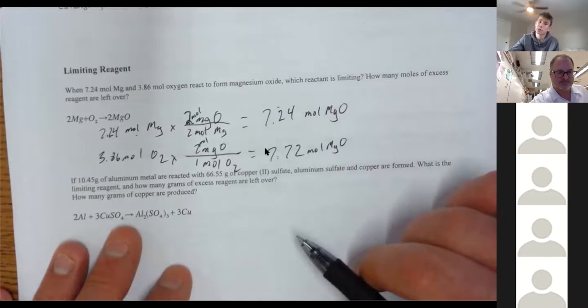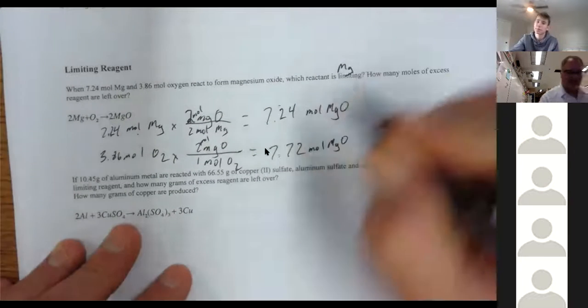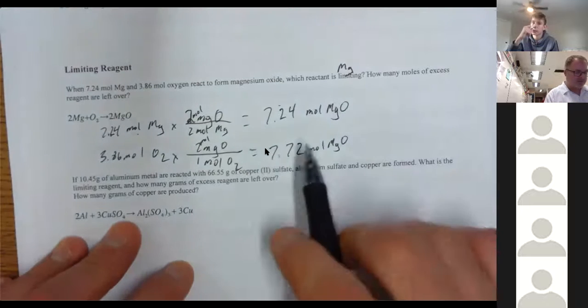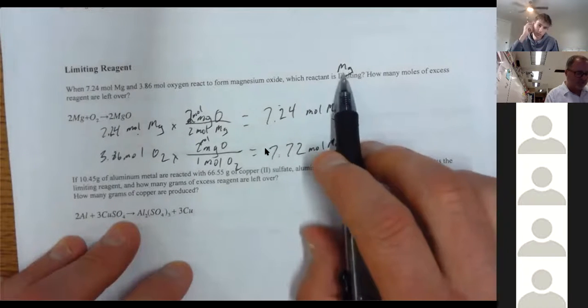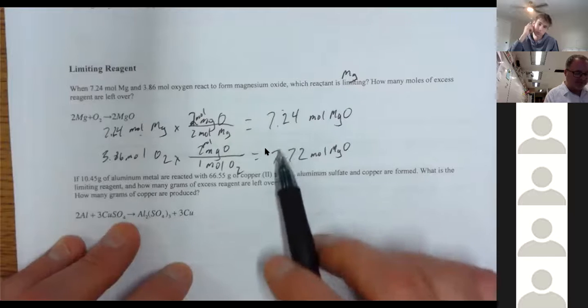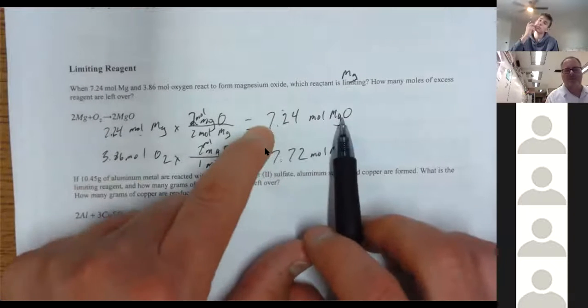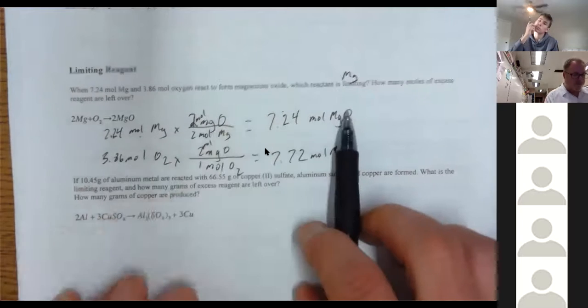We don't have extra. Yeah, because magnesium is the limiting reagent. So I'm going to make sure we're clear on that. The answer to which reactant is limiting is the magnesium, but the actual amount of product we can make is this. This would be considered the theoretical yield.